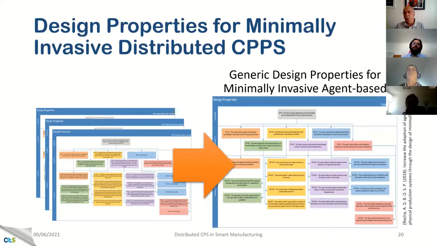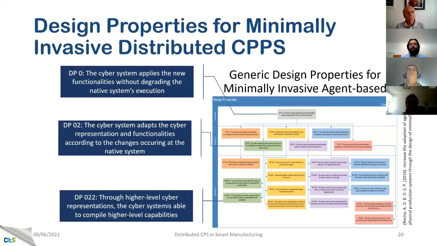And from these functional requirements, we designed this tree of design properties that future researchers and future software developers can use to develop cyber systems that will reduce the impact at the native system, but also bring new functionalities on top of it.